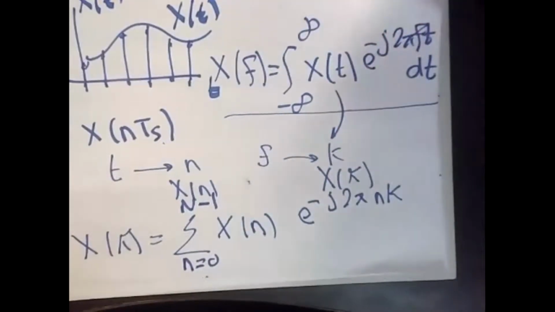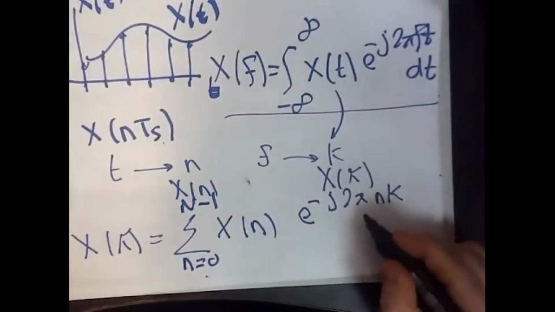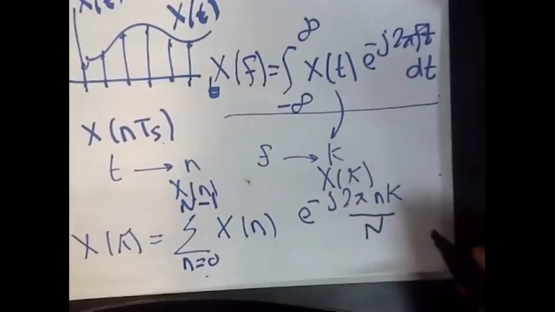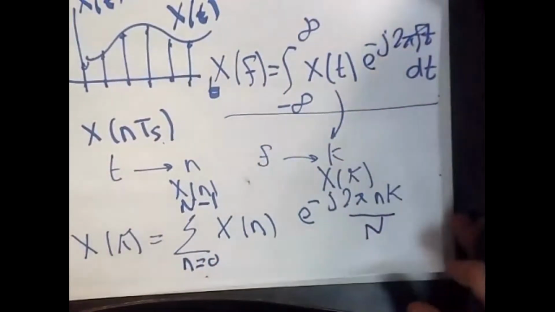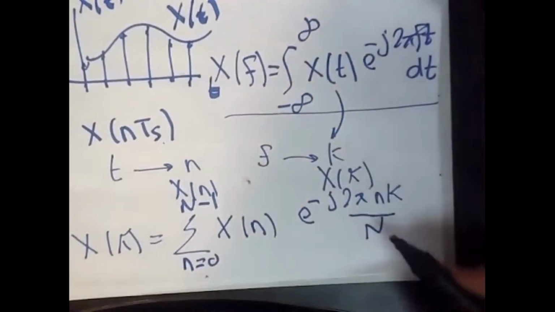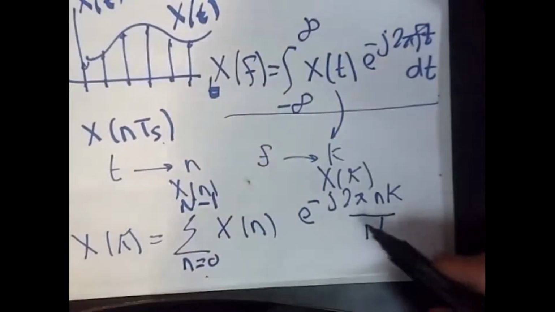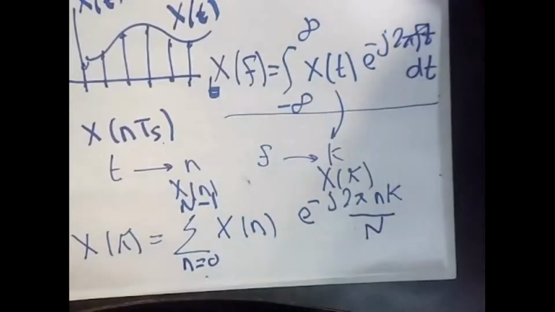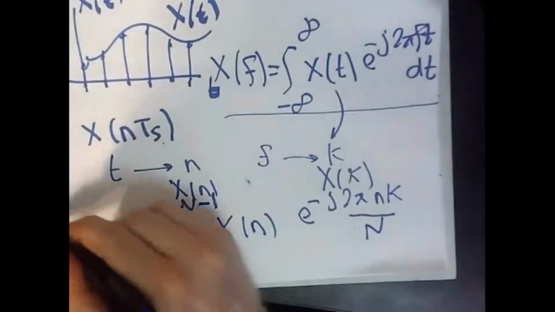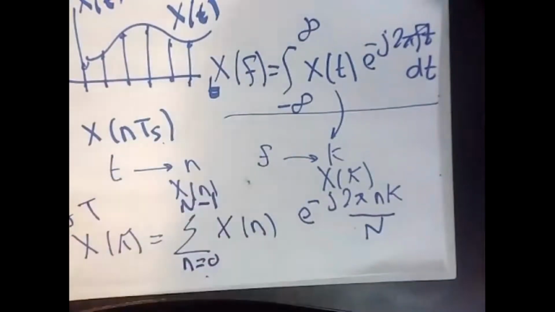And one mathematical correction is needed: you have to normalize over the period, because 2 pi is equivalent to one period on the angular domain. So you have to normalize it over your samples, so you have 2 pi over n. So this is the discretized version of the Fourier transform, what we call the DFT, the discrete Fourier transform.